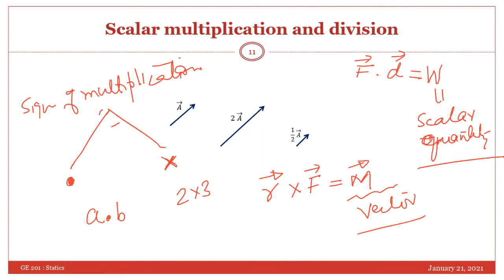When your answer is going to be a scalar, we represent that multiplication by a dot, and when your answer is going to be a vector, we write it by a cross. So by seeing the dot or cross, you will be able to know whether the final answer is a scalar or a vector. Okay, inshallah, we'll continue this in the afternoon class.